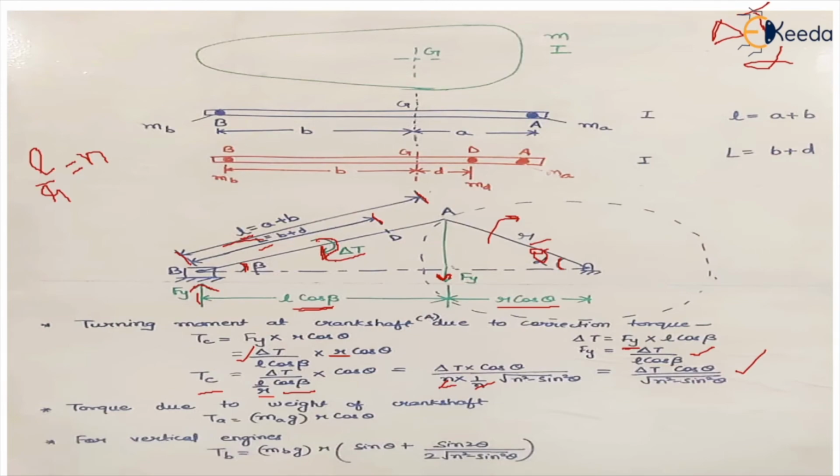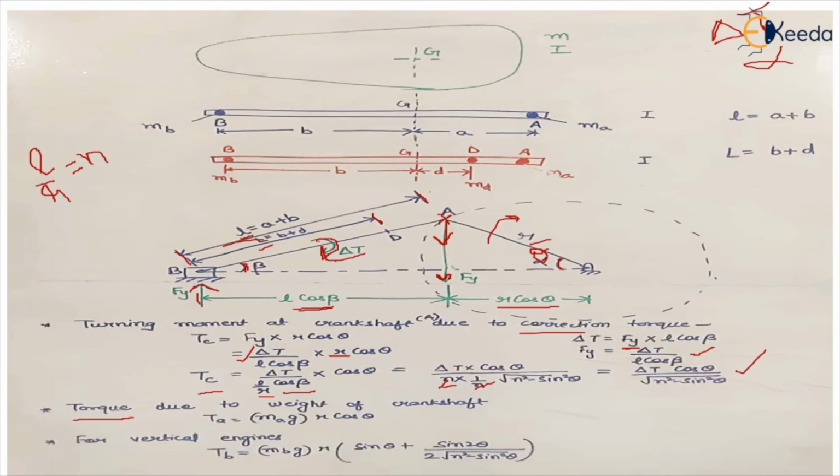While doing the calculations, this turning moment because of the correction torque is subtracted from the inertia torque, because the sense of the correction torque is always opposite to that of the inertia torque. Now because we have added a mass of the connecting rod at the crank pin, the weight here, because of this added mass, also increases at point A, and this weight also produces a torque at the crankshaft.